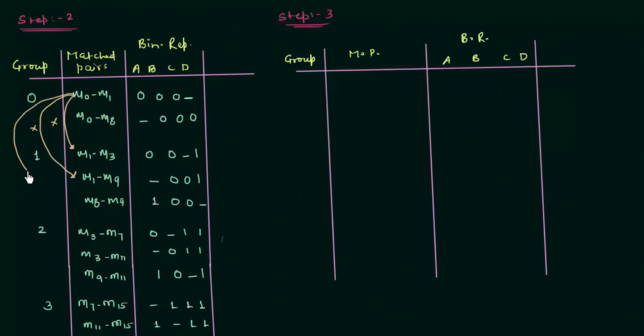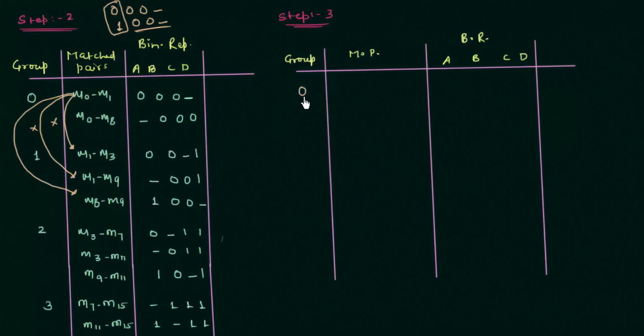We will compare M0 M1 with M8 M9. So 0 0 0 underscore, M8 M9 is 1 0 0 underscore, and you can see we have only one variable changing, that is A. Rest of the variables are same.